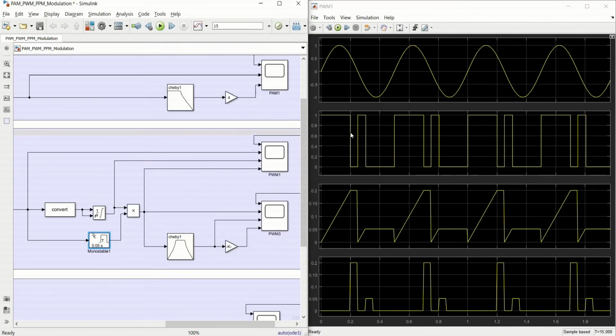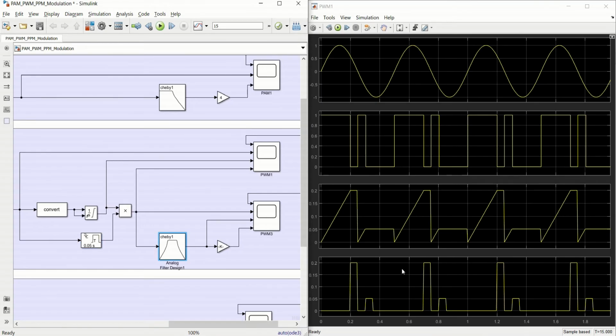So whenever we have a falling edge, we are going to have a pulse duration of 0.05 second, which would be multiplied with this signal, right? So hence we would only be left with this part, and this part would be 0. Similarly, at this falling edge we would have a multiplication of 0.05 second, and rest of it would be 0, and so on. Now the fourth waveform is kind of a pulse amplitude modulated signal.